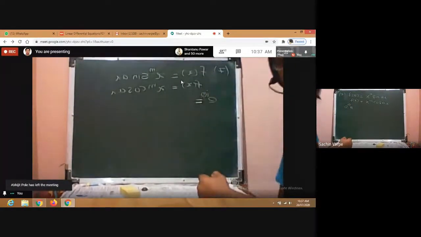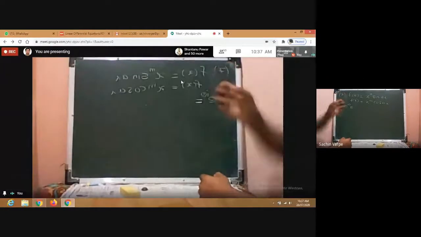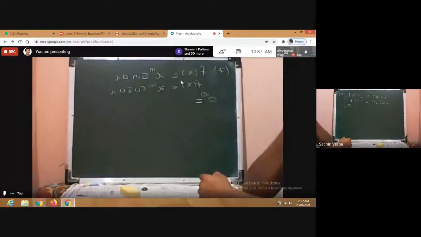I can express this exponential function in terms of sine and cos. How to write? Any one of you, please tell me how to write e raised to i theta in terms of sine and cos. Yes, any one of you, please unmute your mic and tell me.